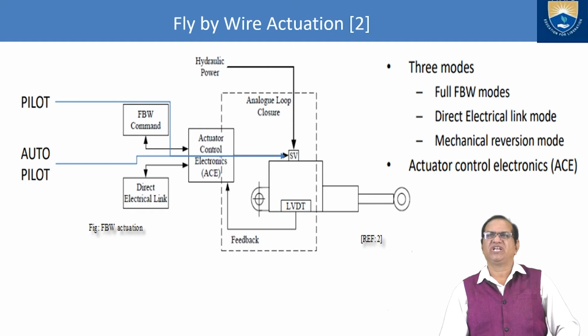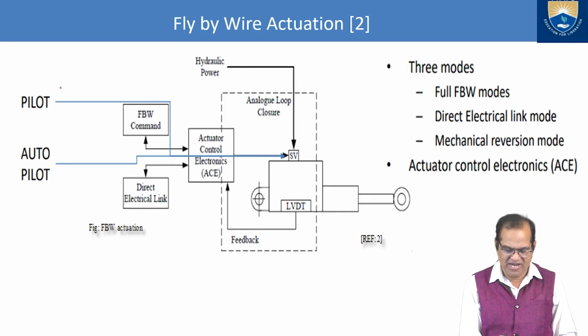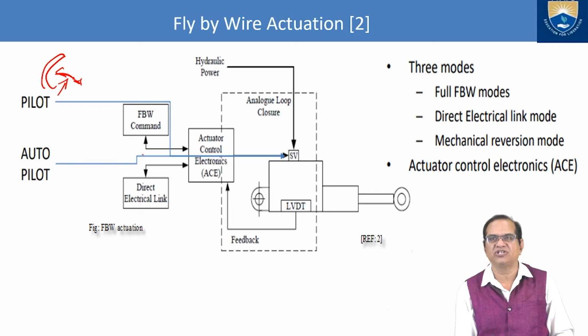If you talk about this diagram I have shown here, here we have the pilot. The pilot will operate manually here, so it will go here. Then the signal will come from the autopilot, also this blue color. This will go to the actuator electronics, called ACE.